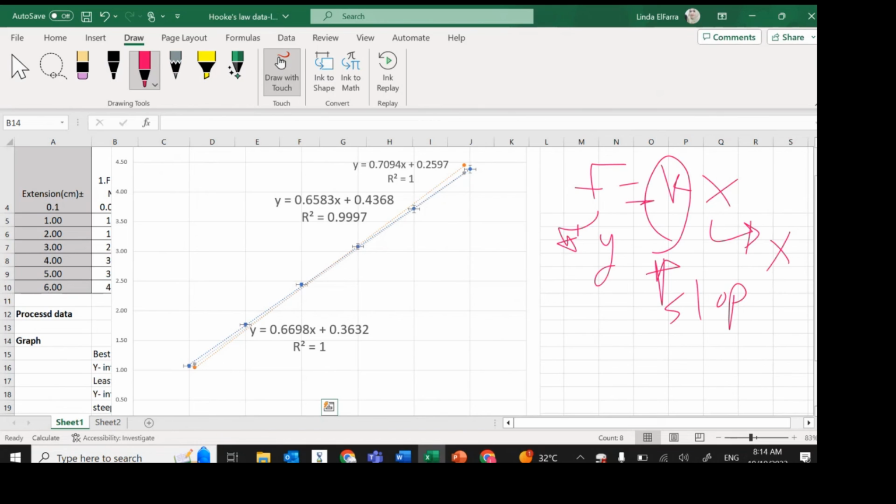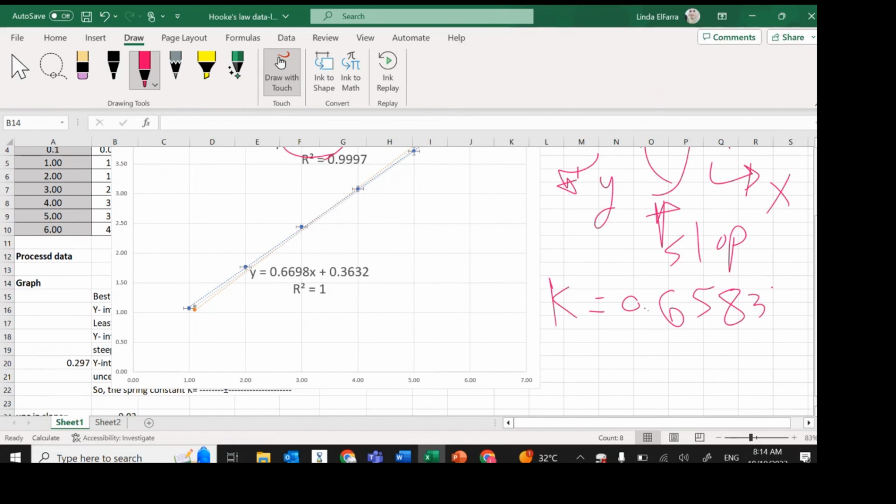Now what will be the value of the slope is this one. So this is K. So the value for K will be 0.6583 Newton per centimeter. You have to write the unit. Newton per centimeter. Now we need to write the uncertainty in K.